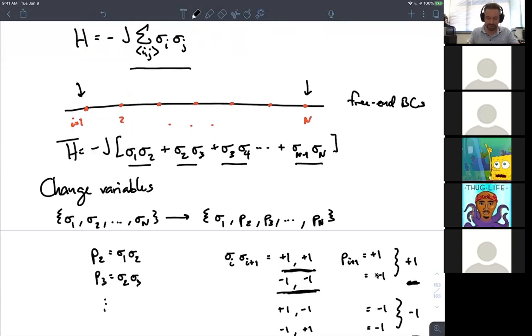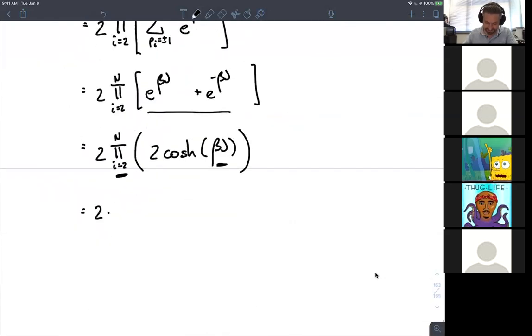What's happening is that we start with this spin, and this first spin doesn't have anybody next to it to interact with. Because of that loss of an interaction due to the free boundary conditions, we lose a term in our product compared to our previous result, but otherwise it's more or less exactly the same.